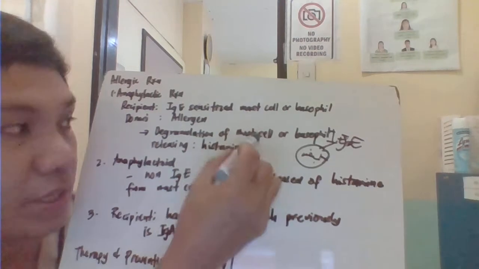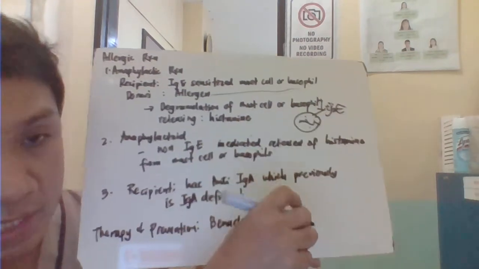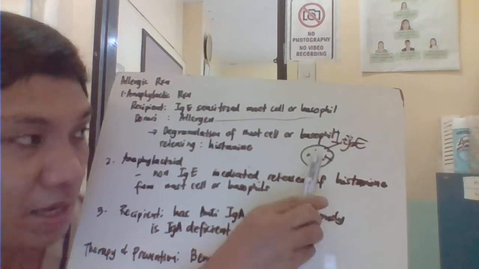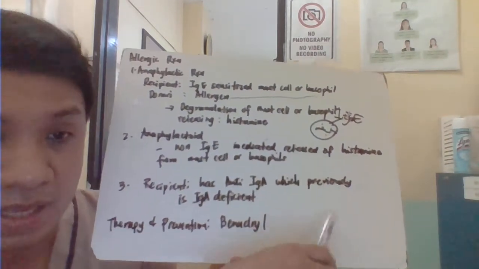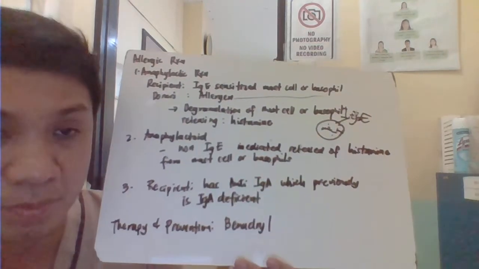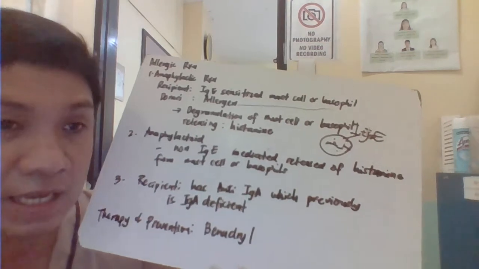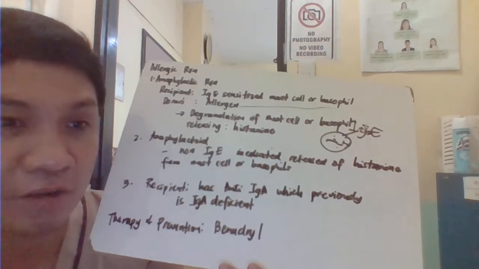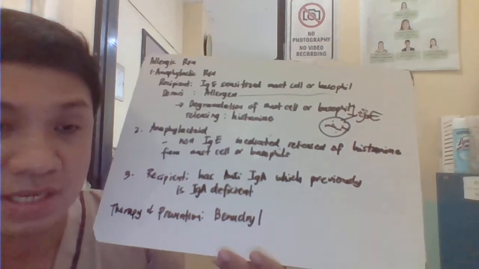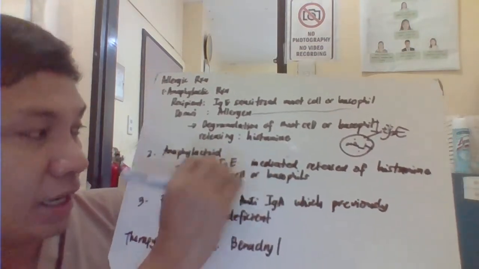If the blood contains your allergen, it will combine with the IgE. That will trigger the degranulation of your mast cells or basophils, and that will release histamine. The histamine will be responsible for the manifestations of your allergic reaction, like vasoconstriction of the pulmonary blood vessels. So the patient cannot breathe, and this can result in the death of the patient.